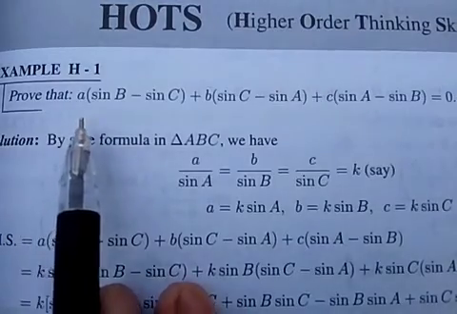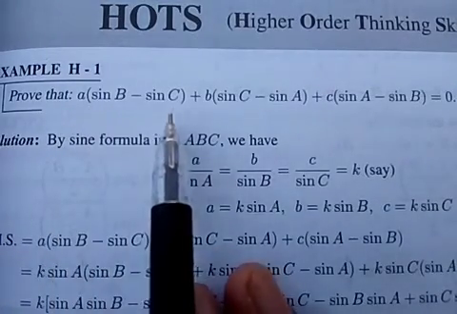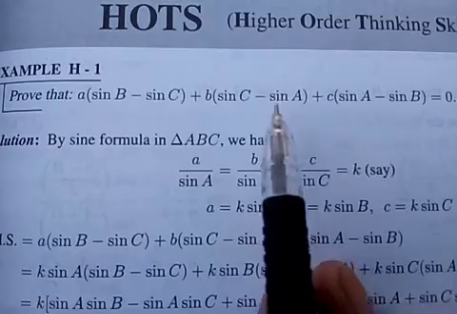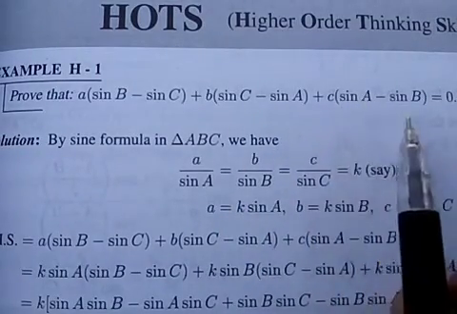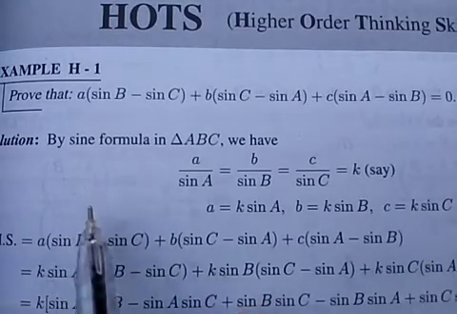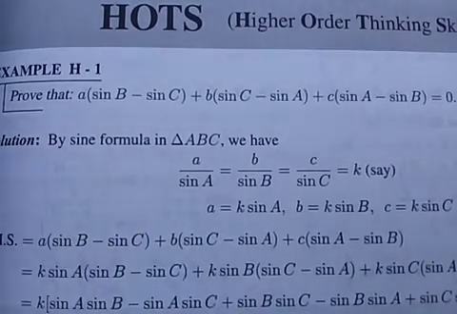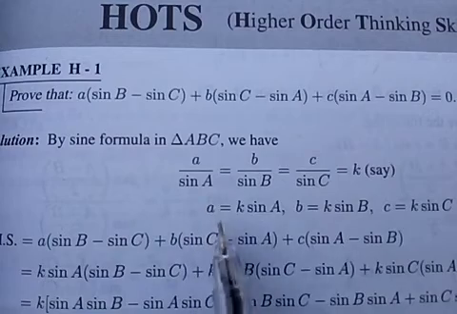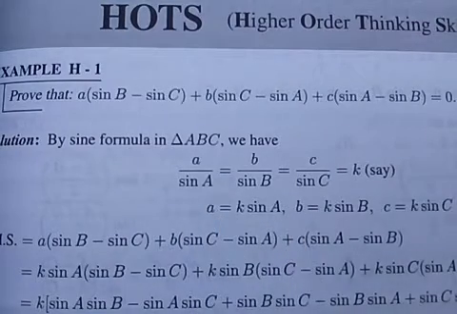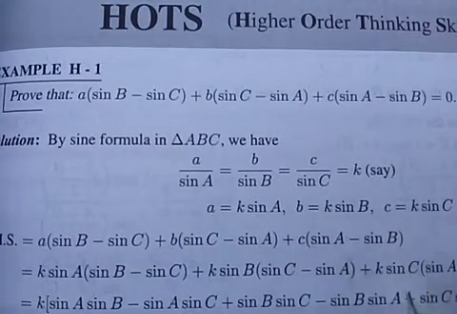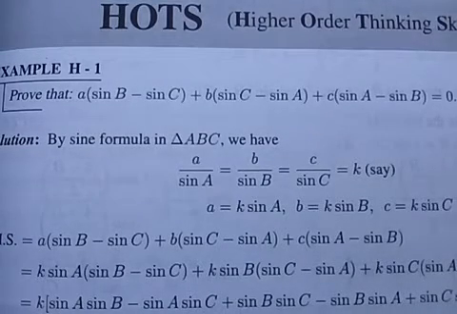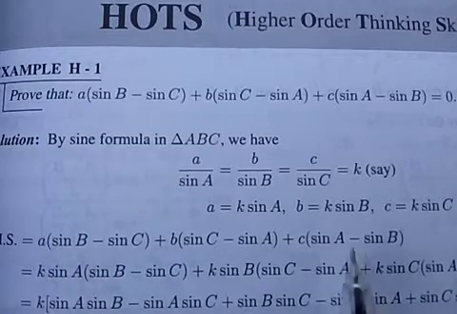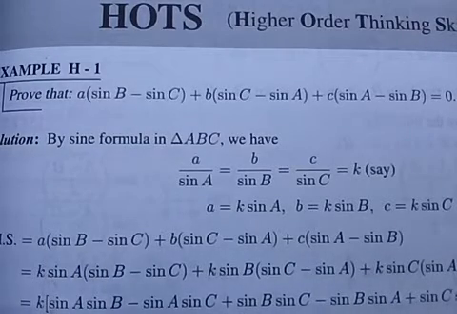Prove that a(sin B minus sin C) plus b(sin C minus sin A) plus c(sin A minus sin B) equal to 0. By using the sine formula in triangle ABC, we can write a equal to k sin A, b equal to k sin B and c equal to k sin C. Taking LHS, we can substitute here values of a, b, c. After simplification, we can take k as common.